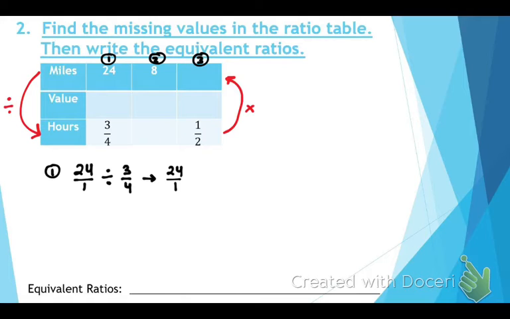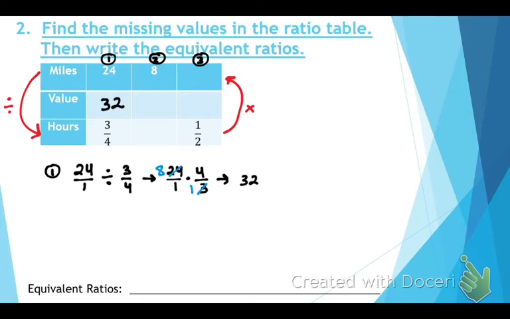And then flip the second and change the sign. Can I cross-reduce anything? Yes, you can cross cancel 24 and 3. 24 becomes 8, and 3 becomes 1. Very good. 32. Excellent. So that is the value of my ratio.